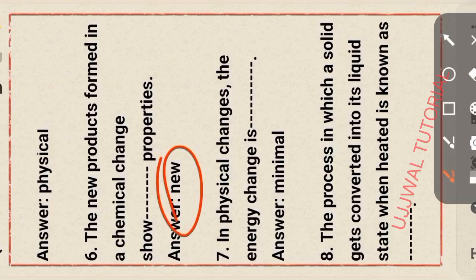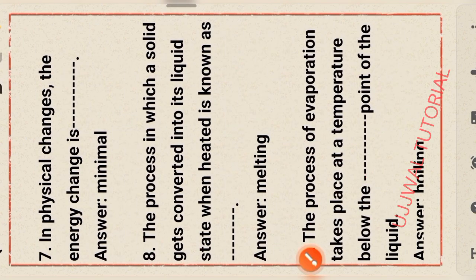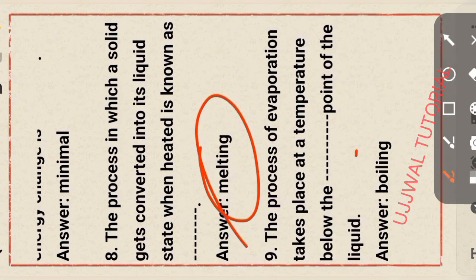Okay, next question. In physical changes, the energy change is minimal. Okay, next question. The process in which a solid gets converted into its liquid state when heat is given is known as melting.